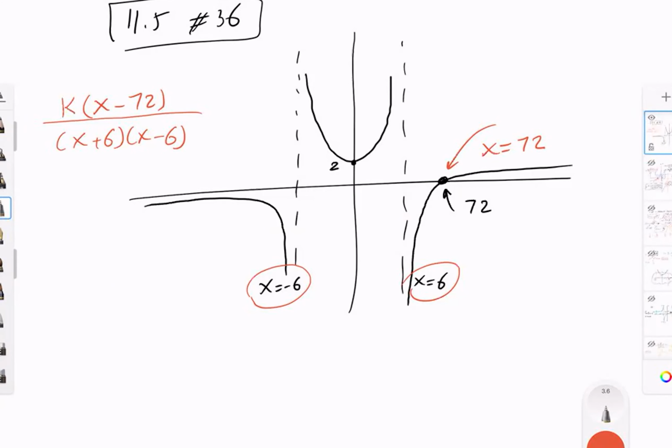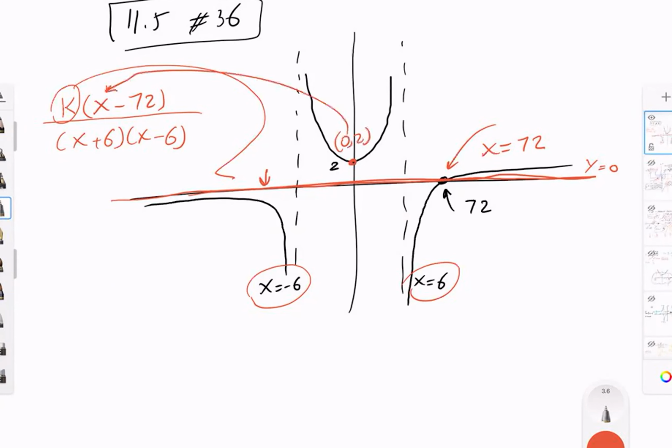One way to solve for k is looking at the horizontal asymptote, which is y equal to 0. We get y equal to 0 when the exponent on top is less than the denominator, which it is. The top is degree 1, the denominator is degree 2. Let's say you didn't see the horizontal asymptote, we pick this point. So this point is (0, 2): 0 for x, 2 for y.